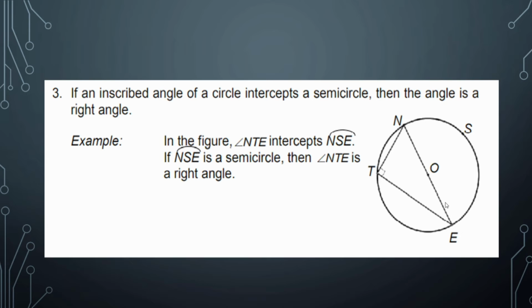Now, arc NSE is a semicircle, because we have the diameter, line segment NE, which divides the circle into semicircles. Therefore, arc NSE is said to be a semicircle. Then, angle NTE is a right angle. So, the measure of angle NTE is 90 degrees.